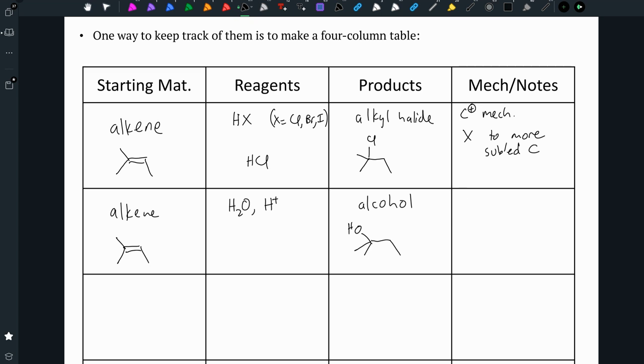This has really the same notes as the previous one. It goes through a carbocation. The OH goes to the more substituted carbon. Another way to say that would be to say this is a Markovnikov addition, if you remember that terminology.